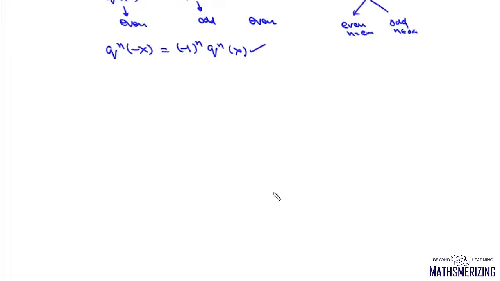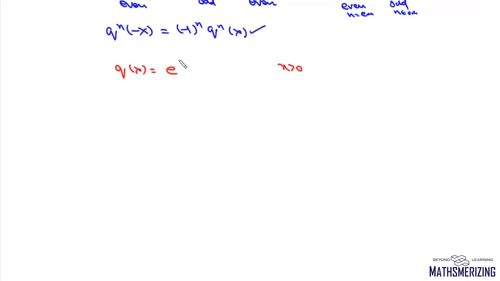Now, if we look at this function, q(x), when x is greater than 0, it is e to the power minus 1 by x. Now, q'(x) will be e to the power minus 1 by x into 1 upon x square.